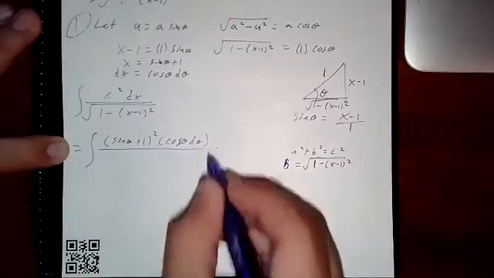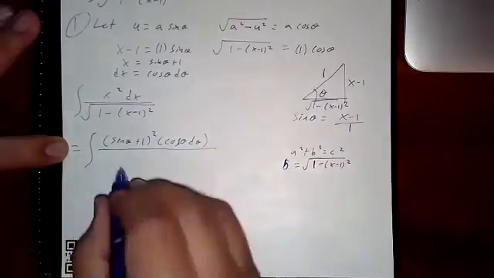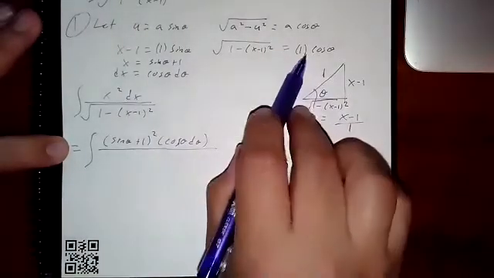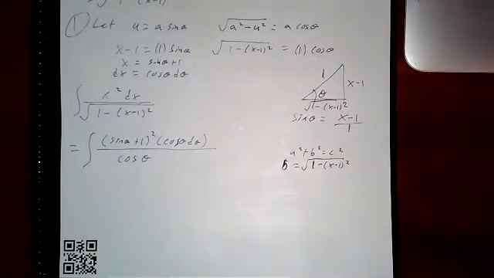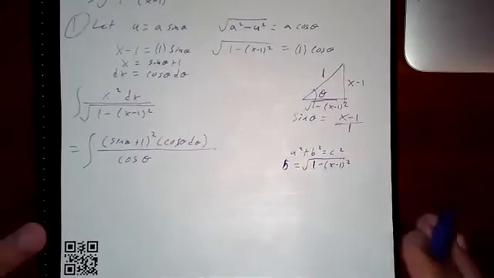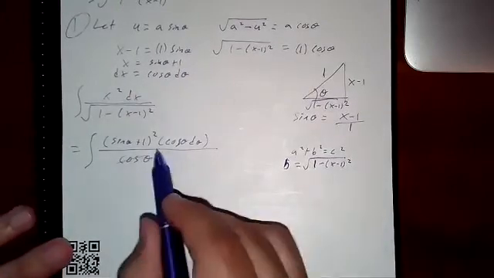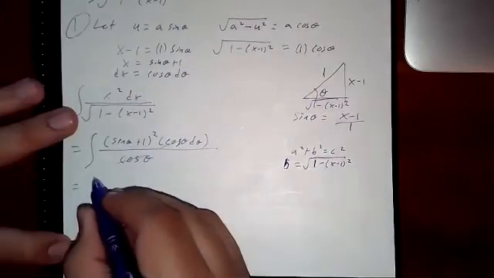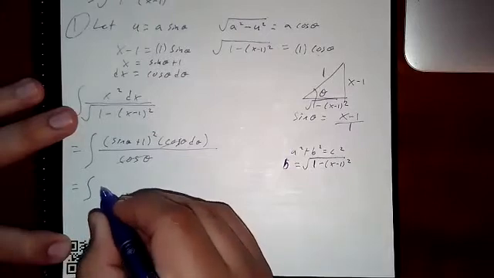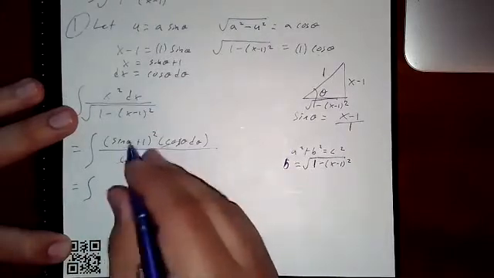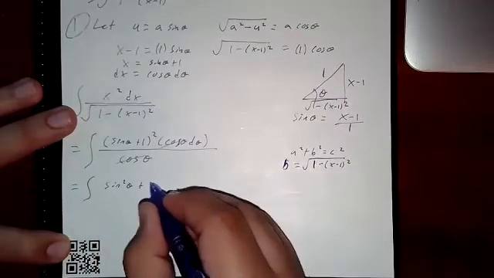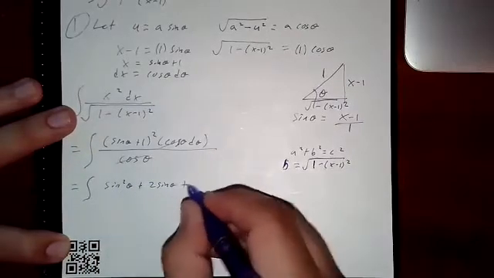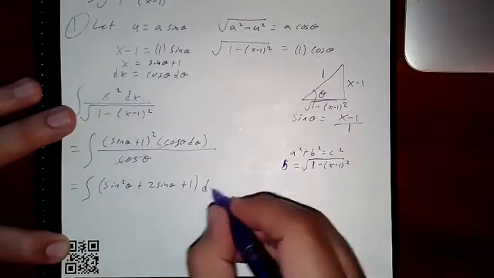Okay. And then the bottom is equal to cosine. All right. So those cosines will cancel, leaving me with the integral of this square. So that'll be sine squared theta plus 2 sine theta plus 1 d theta.